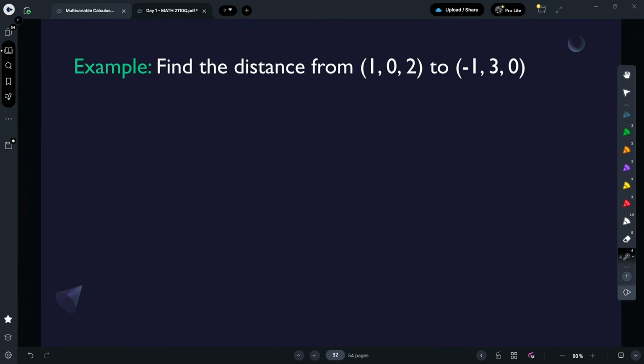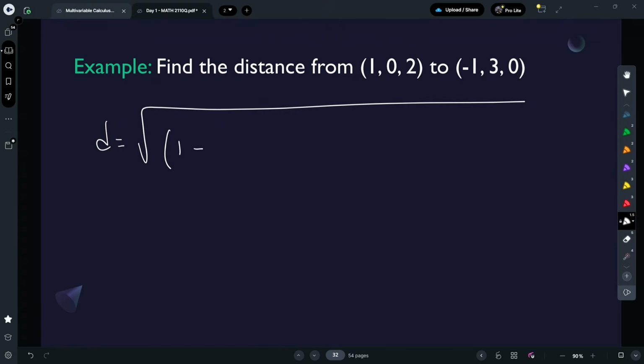So let's try to find the distance between these 2 points. So the distance will be a big square root of 1 minus 1 squared plus 0 minus 3 squared plus 2 minus 0 squared, the square root of the sum of the squares of the difference of the coordinates.